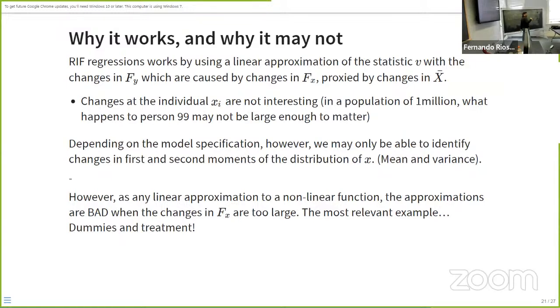So instead of talking about what would happen with a 10% increase in unionization, you might want to talk about what would happen if there is a decline in unionization of 10%. Alternatively, you can talk about what would happen if there is an increase in unionization of, say, 1%. 10% you cannot do because that means you will end up with 101% of union workers. Doesn't make sense. But thinking about a 1% increase in union workers is a little bit more sensible. The only difference is that now your coefficient needs to be multiplied by 1%.